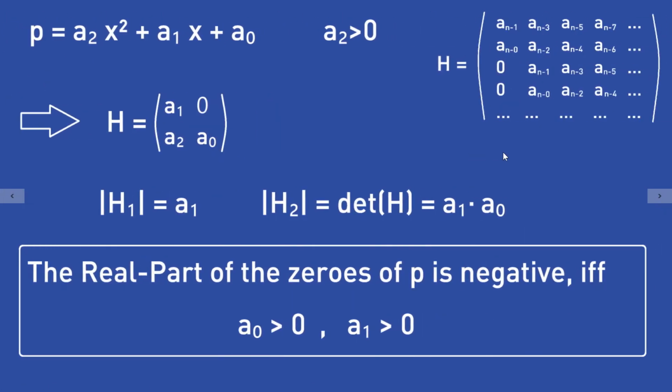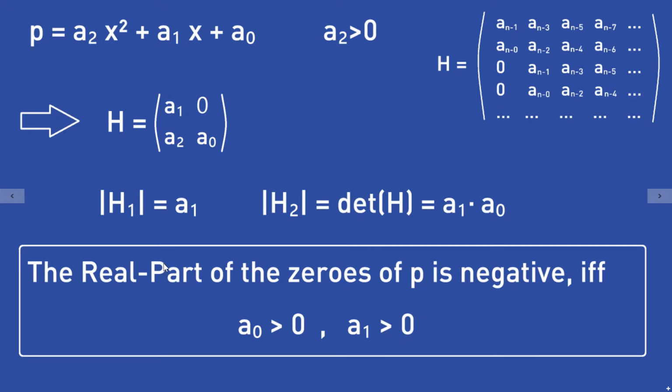Now the Routh-Hurwitz criterion tells us that the real part of all the zeros of the polynomial of degree 2 is negative if both these numbers, so the first principal minor and the second principal minor, are positive. But this means that a0 has to be positive and a1 has to be positive.